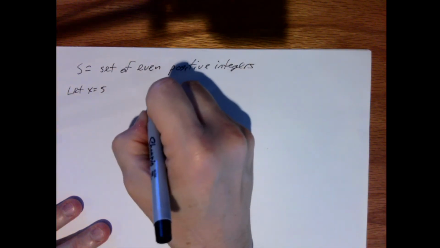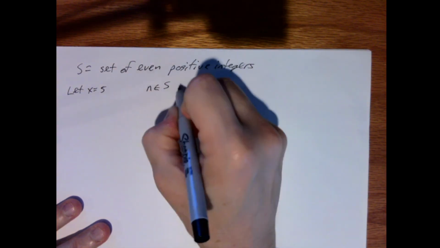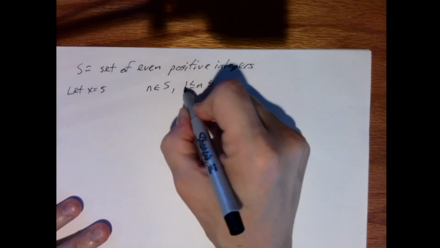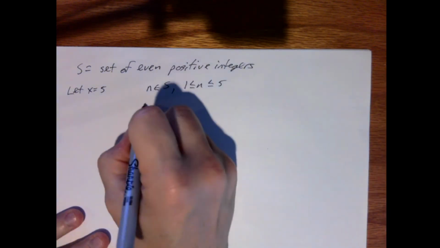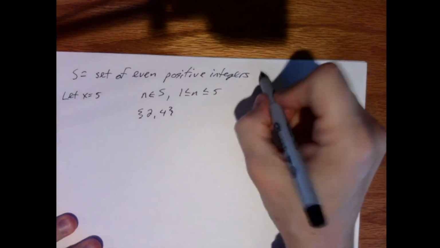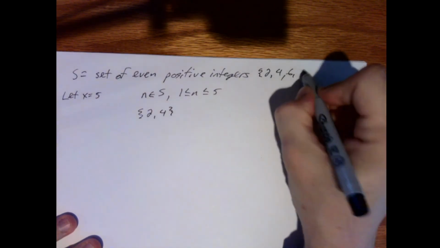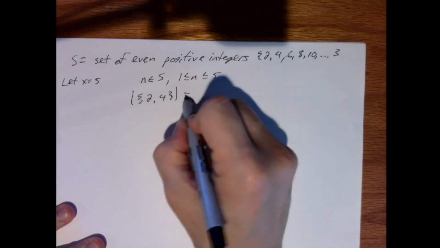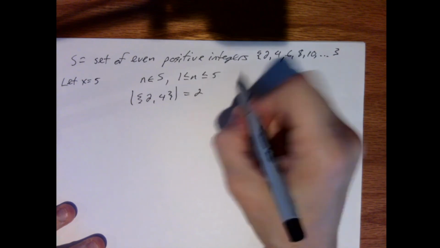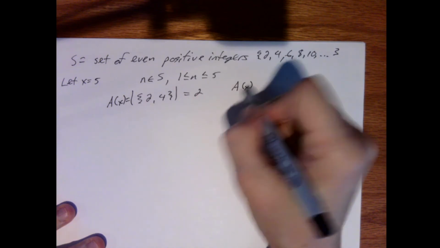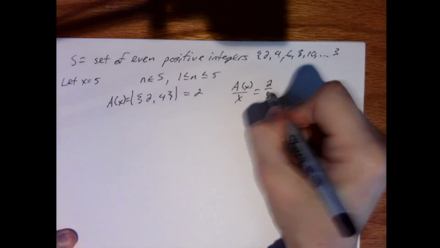If n is an element of S, and we're looking at n in the range of 1 to 5, then what we're producing here is this subset of S. That would be 2 and 4, right? Because the set of even integers would be 2, 4, 6, 8, 10, forever. So if I take the cardinality of this, the cardinality is 2. And if I take the ratio, what we just produced is A(x) to x, which would be 2/5.